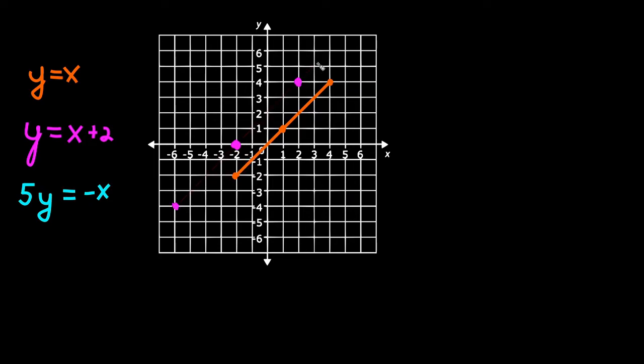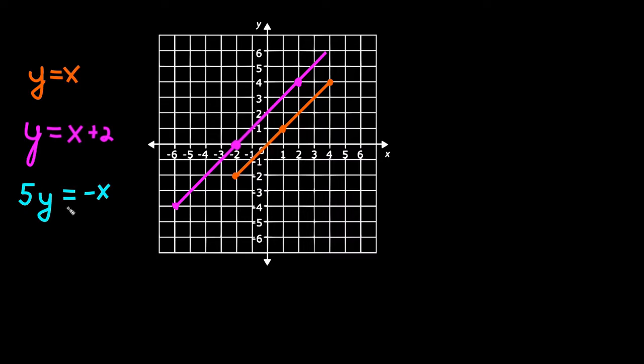And we can connect these points, and there you have our graph. You'll notice something interesting, that it looks like our magenta line and our orange line are parallel. We'll also be investigating parallel lines in this chapter.